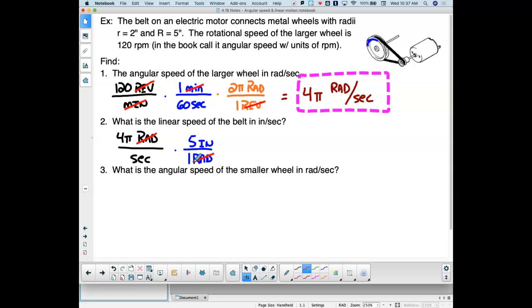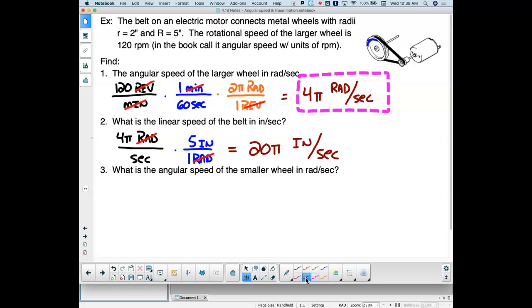So that tells me that the linear speed of the belt is 20 pi inches per second. That belt is spinning around at 20 pi inches per second.